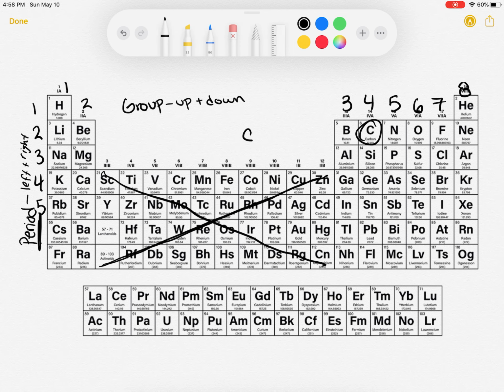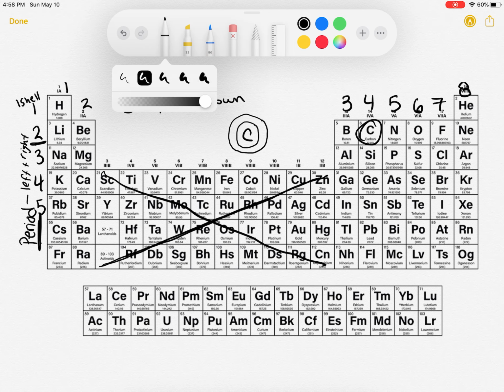For example, period 1, I'll have 1 shell. Period 2, I'll have 2 shells. Period 3, I'll have 3 shells. Since carbon is in period 2, it has 2 shells. So if I wanted to draw carbon, I would draw 2 shells around it.